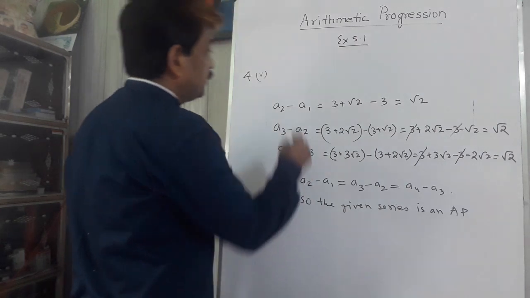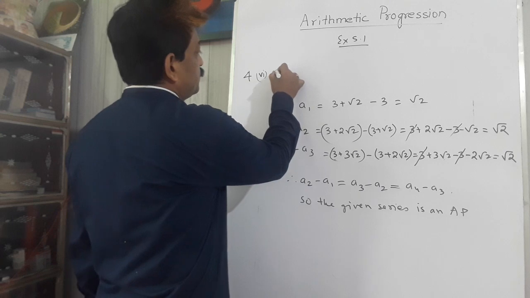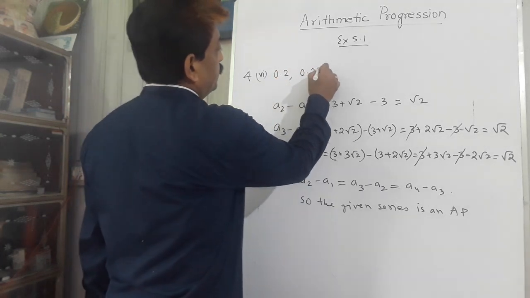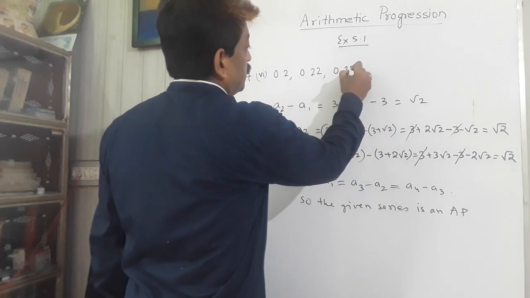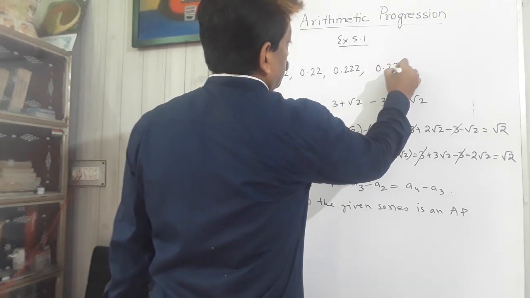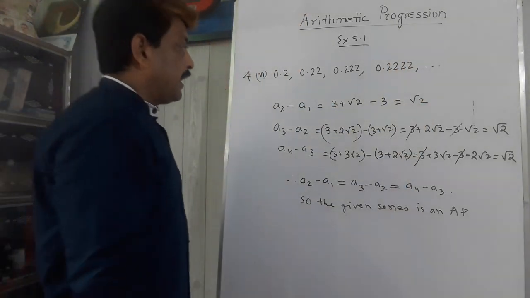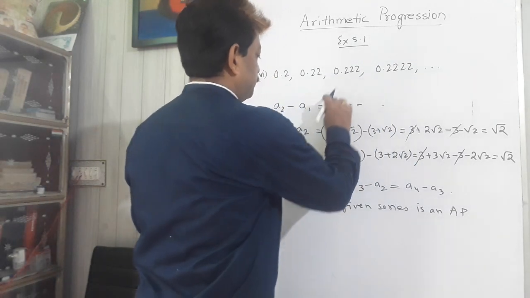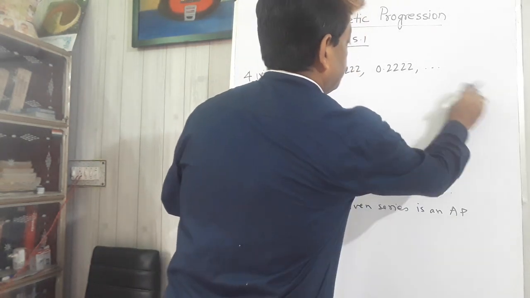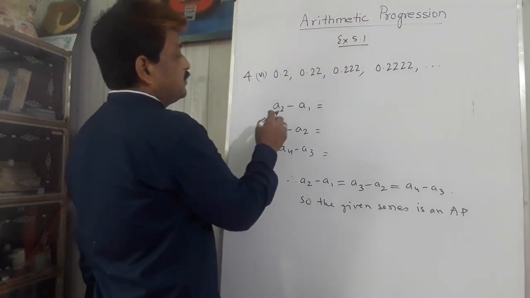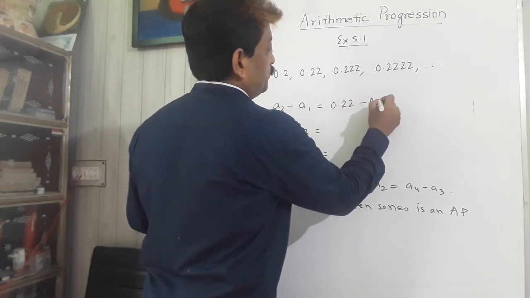Now one more important sum. This is question number 4, Roman 6. It is 0.2, 0.22, 0.222, 0.2222, and so on. Let us check whether it is an AP or not. The difference between the first and second term, that is 0.22 minus 0.2.